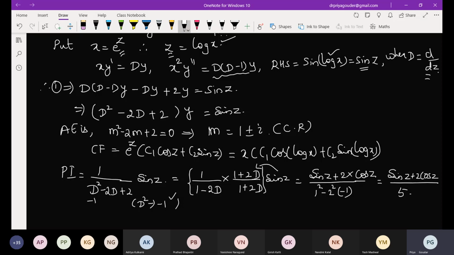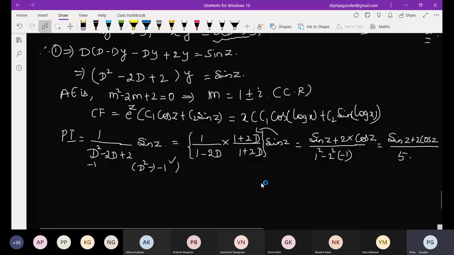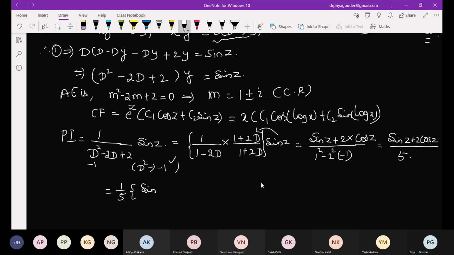Now what you do? Write these quantities in terms of x. So this is 1 by 5 into bracket sin z. What is z in terms of x? Z is equal to log x. So sin of log x plus 2 cos of log x, whole divided by 5. Write that last step, which will give you 1 mark.